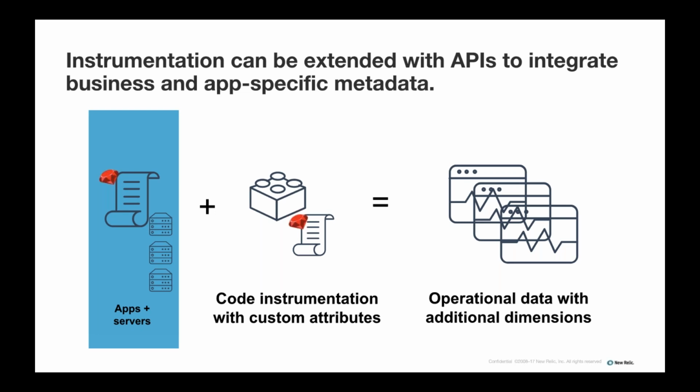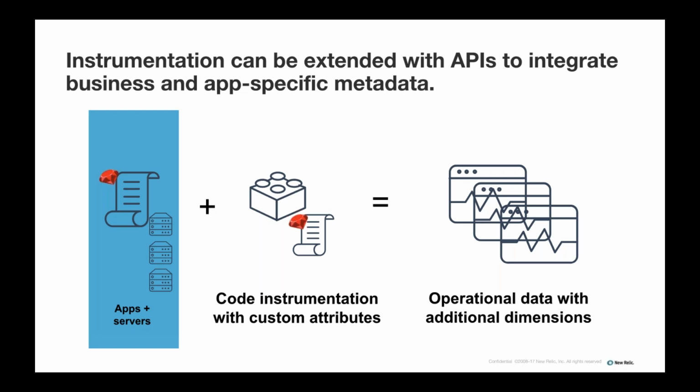You get metrics and traces more or less automatically that understand the frameworks that are running inside those applications. But we also know that there's a lot of value if you want to extend some of that with metadata or different details that are important to your specific application or business.